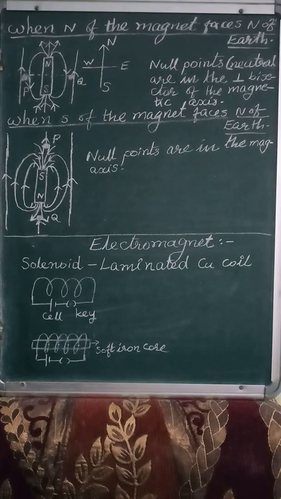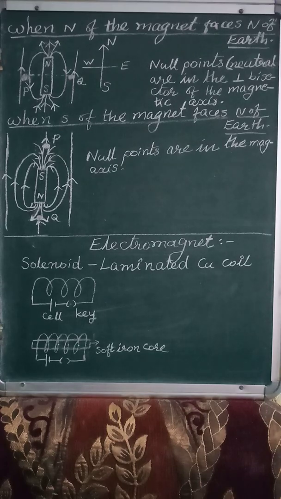What are the uses of the electromagnet? Electromagnets are used in many devices like the electric bell. We will use it in the loudspeaker. There are many uses of electromagnet.